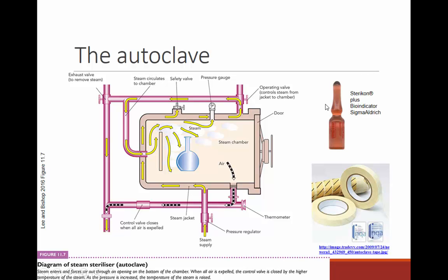And what happens is if it's got a colour indicator in it, typically, if all of the microorganisms in here have been killed, then it won't change colour. But if there's something growing, it will start to metabolise and ferment, and you get a change of colour to yellow.